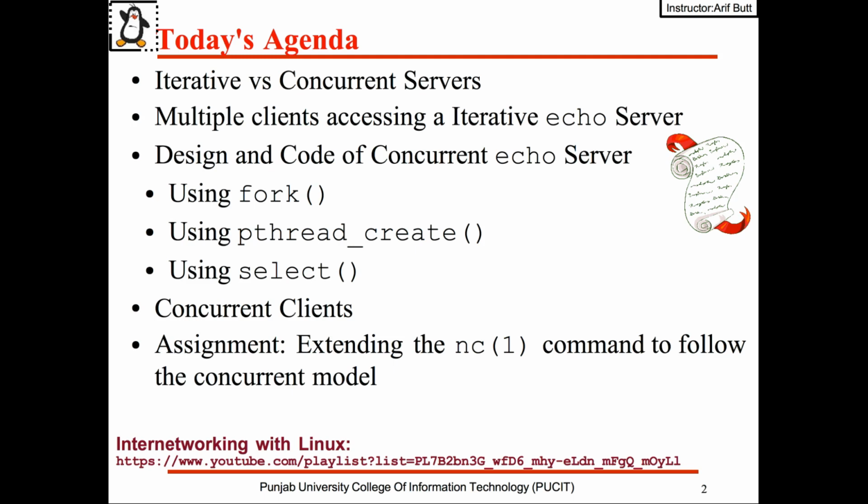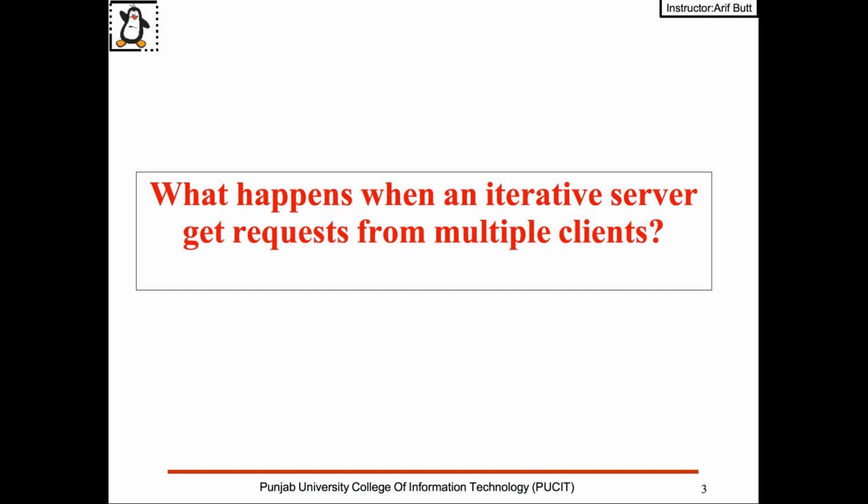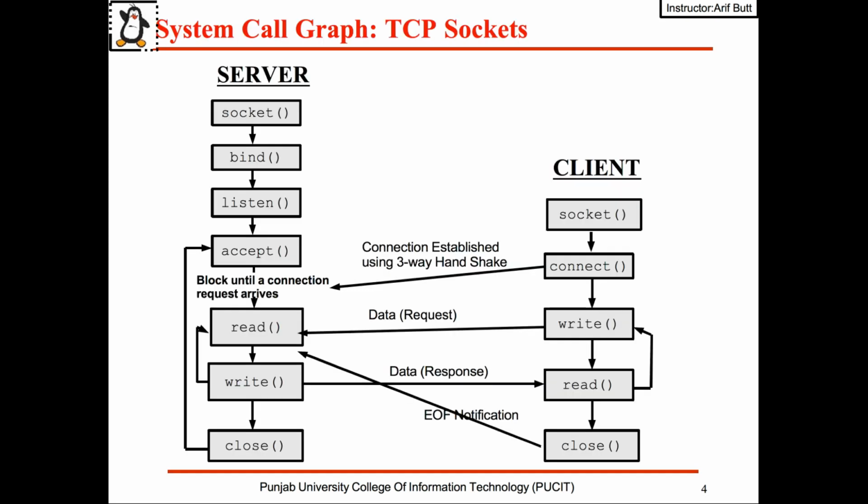Well, this slide shows the agenda of today's session. Before we discuss different design options for concurrent servers, let us understand what happens when an iterative server gets requests from multiple clients at the same time. This slide shows a system call graph we have seen before for an iterative stream server.